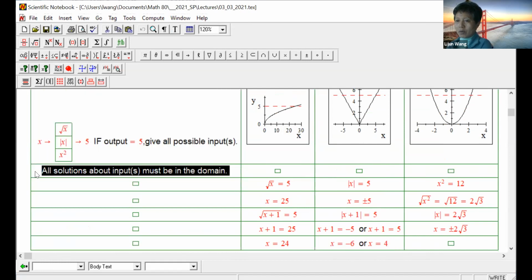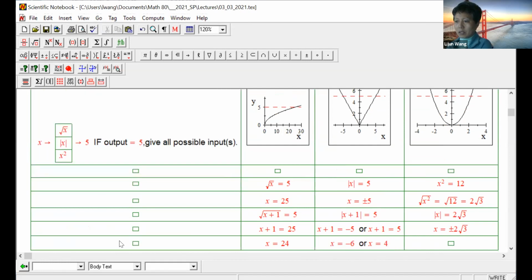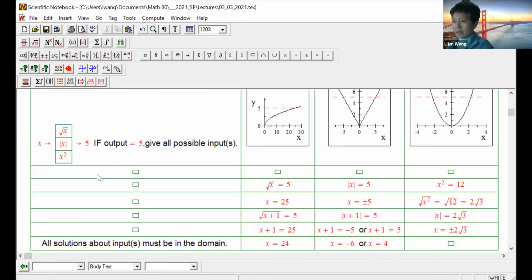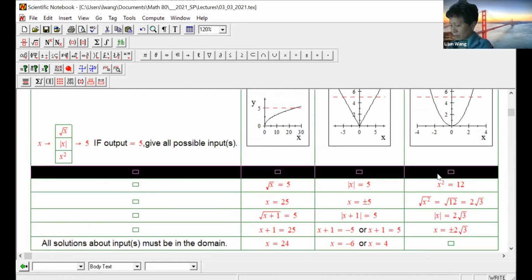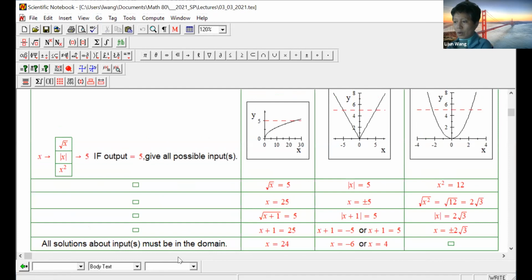So I'm going to put this statement under here. Okay, I think that'll be fitting. All the solutions about the input, right? So when output is given, we're looking for input, and if the output is given, the output must be in the range.